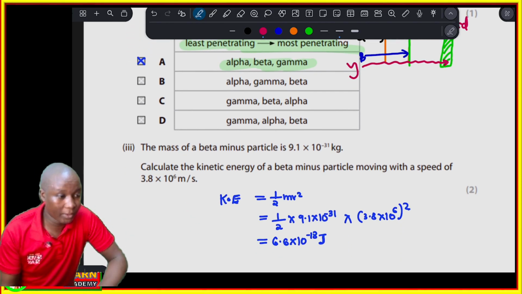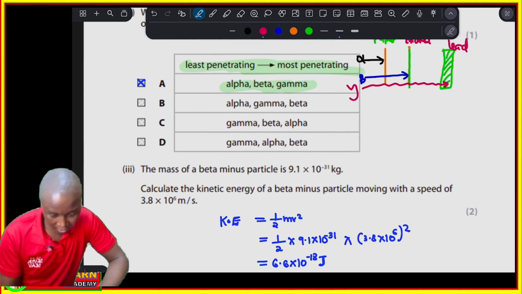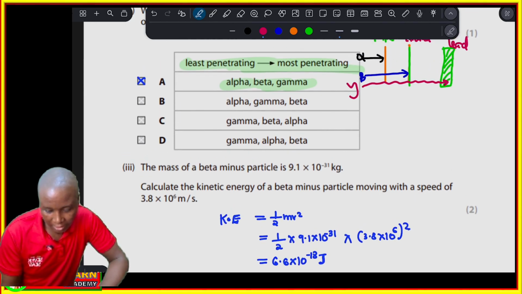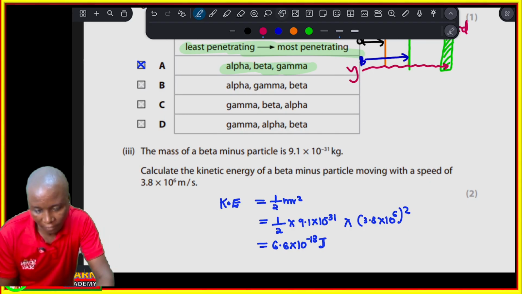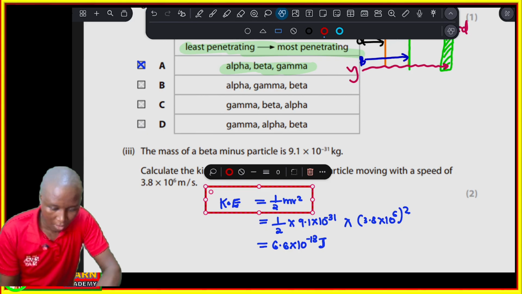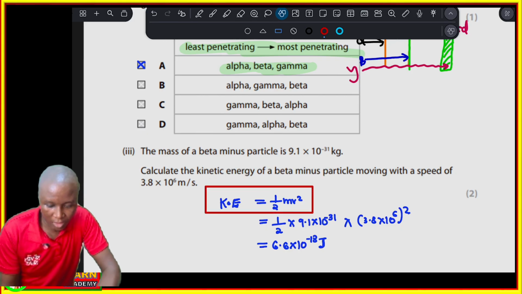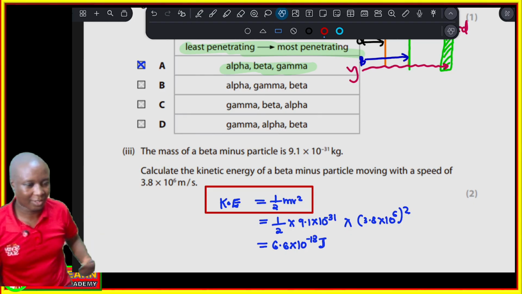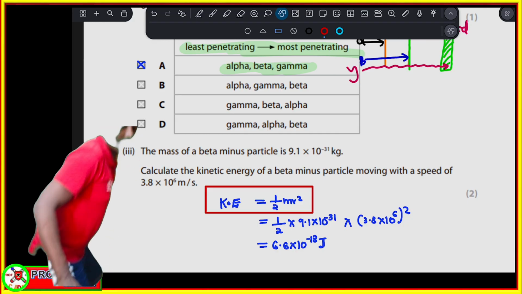Yeah, so basically that's what you are supposed to understand in this question. Calculate the kinetic energy. Kinetic energy is given by the formula kinetic energy equals a half mv squared. So we have the mass, and we are given the speed at which it's moving. Then we work this out in order to get the answer.